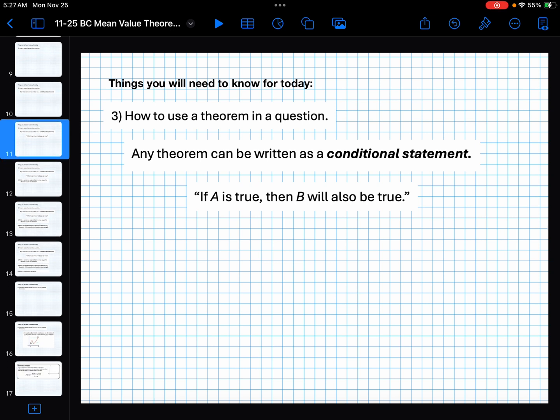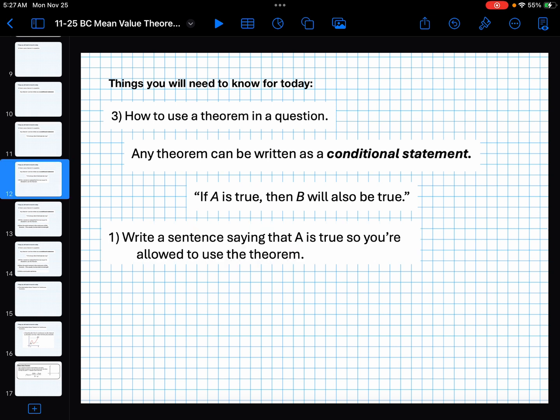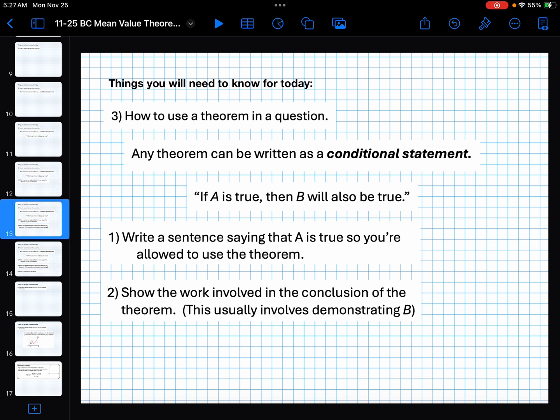So for you to use a theorem in a question, to use a theorem to prove something is true, it really takes 3 parts that you have to include in your answer. The first part is you have to write a sentence saying that the conditions for the theorem to be used are true so that you're allowed to use it. The theorem applies because these conditions are true. Then you show the work involved in the conclusion.